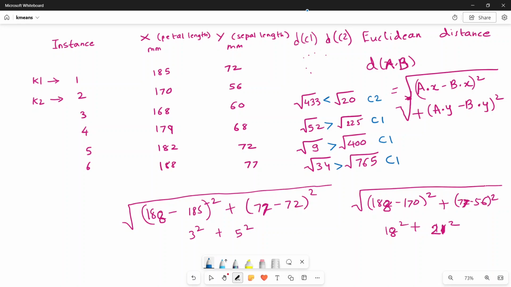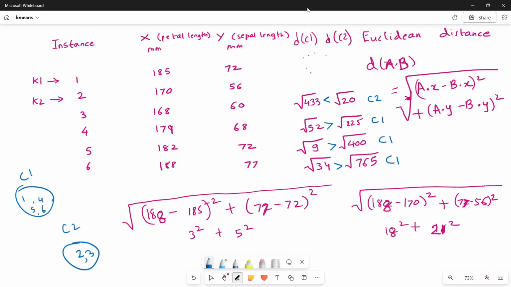Roughly you can say that cluster 1 has point 1 itself, and points 4, 5, 6, not accurately drawn as per space, just as a representation. C2 has point 2 itself, and just one more point, which is point 3.